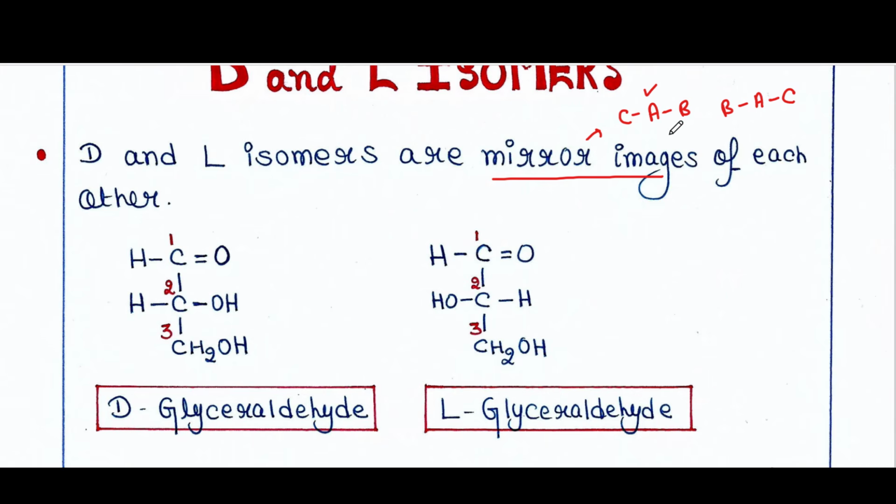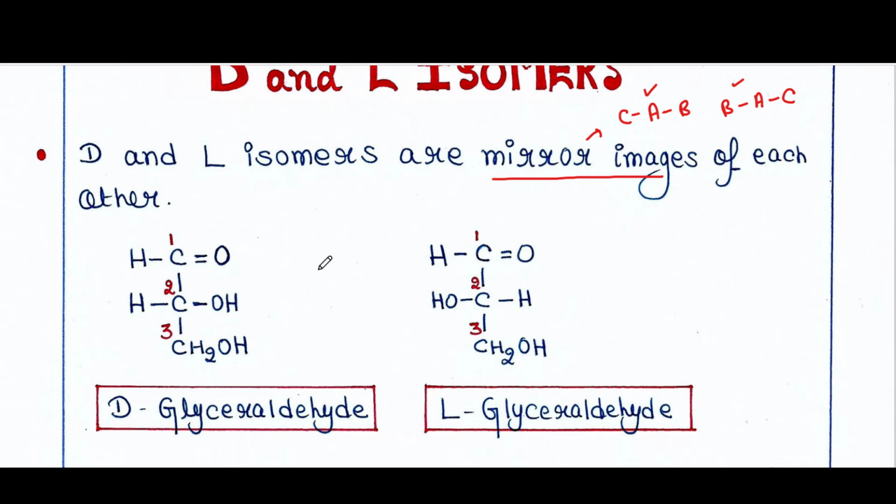The compound remains the same in both cases, but the positions of B and C are just opposite. In this case, we can say that these two are mirror images of each other.